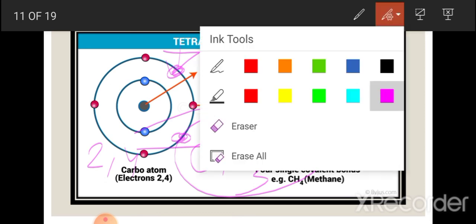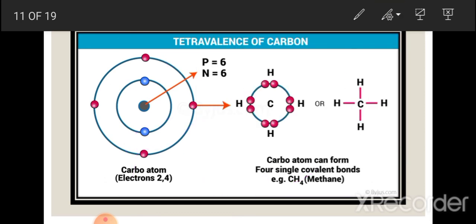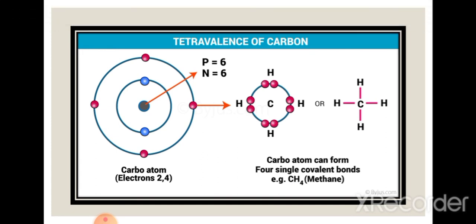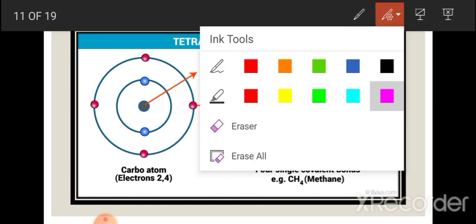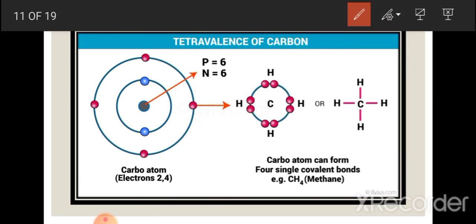See one example, methyl bromide, CH3Br. Now this covalent bond is breaking as bromine is more electronegative.